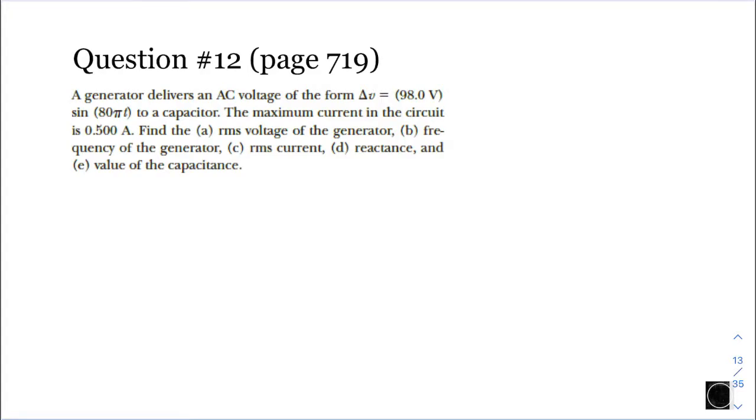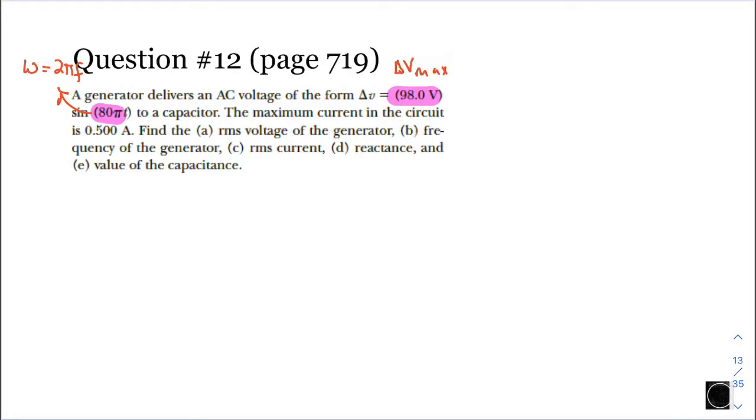From this equation, 98 is actually the value of delta V max, and 80 pi is actually the value of omega, which is equivalent to 2 pi f.